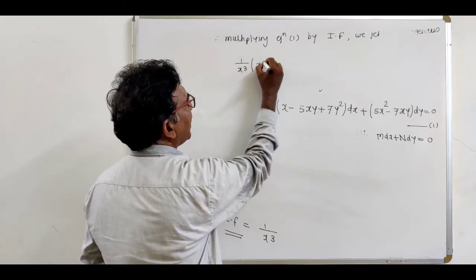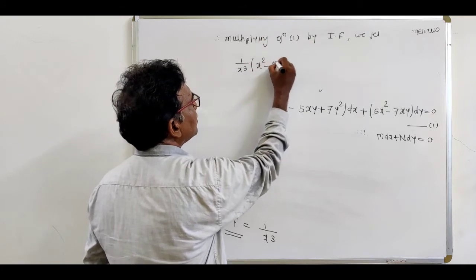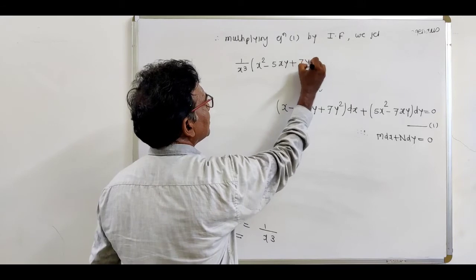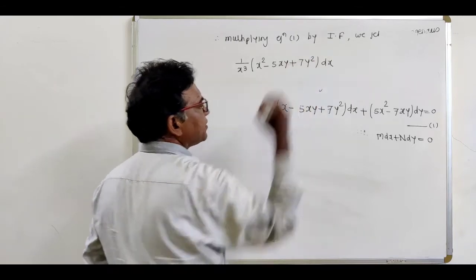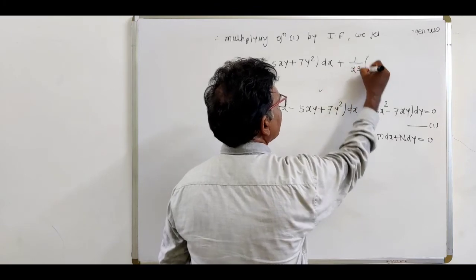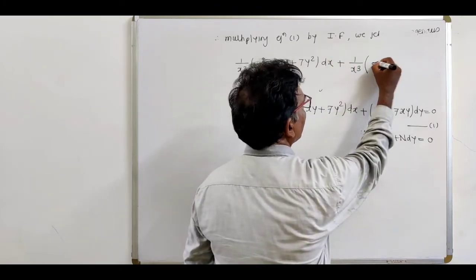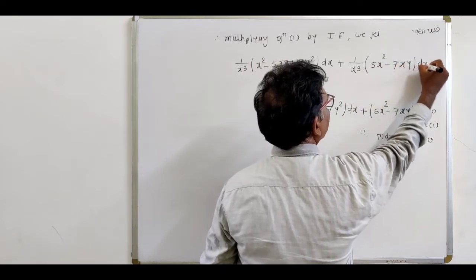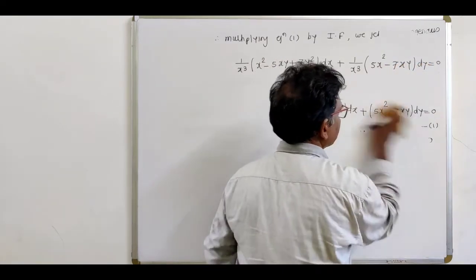So this is x square minus 5xy plus 7y square dx plus, this is integrating factor 1 upon x cube into 5x square minus 7xy dy equal to 0.